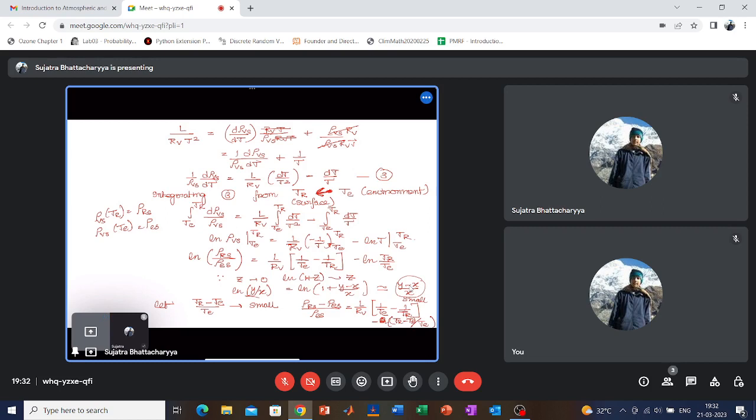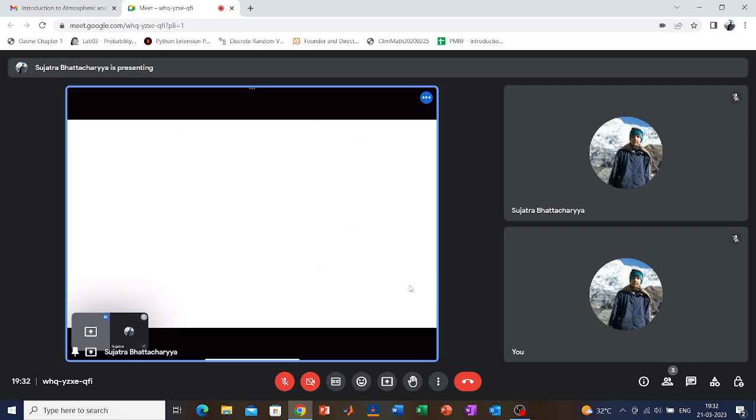Fine. Now again, if I write properly, only the log terms I have changed like this, so (rho_rs minus rho_es) divided by rho_es will be equal to L by Rv times (Tr minus Te) divided by TeTr, just simplifying it, this is mathematics only, multiplied by (Tr minus Te) by Te.